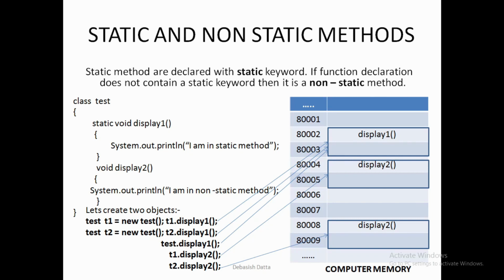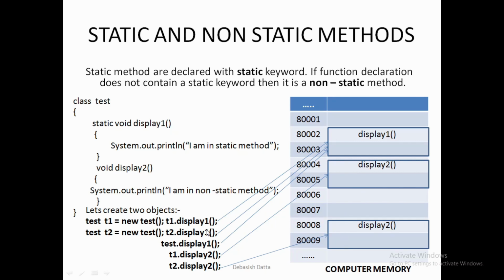For the non-static method, the same association is done at execution time. Hence, for the static method, this association is known as early binding or compile time binding, and for the non-static method, it is called late binding or execution time binding.